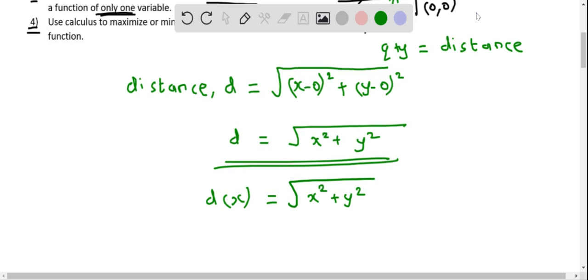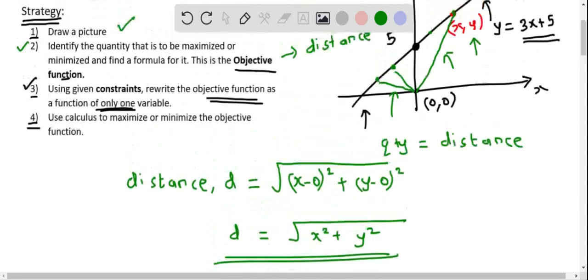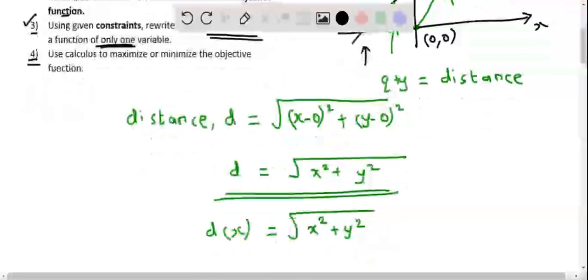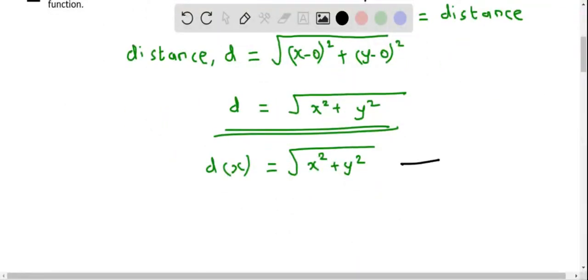Now moving on to the third step, we have to use the constraint and rewrite this objective function as a function of only one variable. The constraint given to us is the equation of the line itself. This equation involves two variables, x and y, so we have to convert this into just one variable.